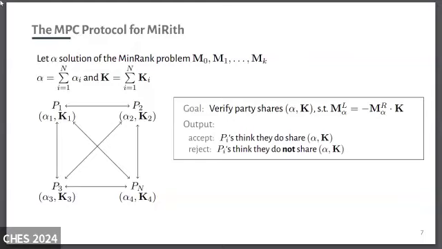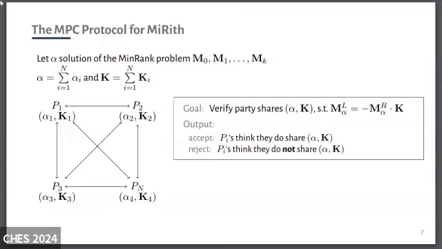We have our solution alpha to the MinRank problem M0 to Mk. Now we compute additive shares alpha i, which sum up to alpha, and the same for our matrix K. Each party gets its own share, and in the end we want to verify the Kipnis-Shamir modeling, hence I introduced it.